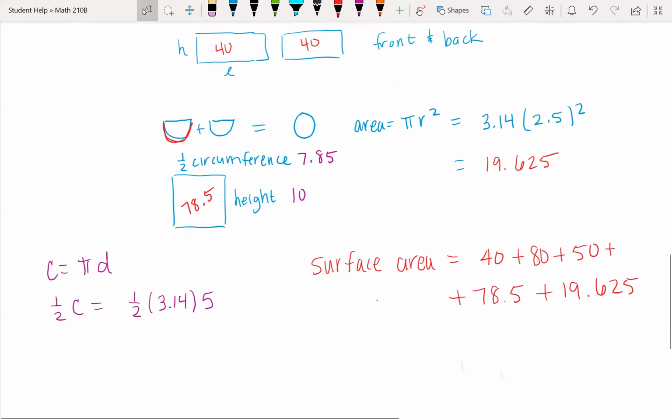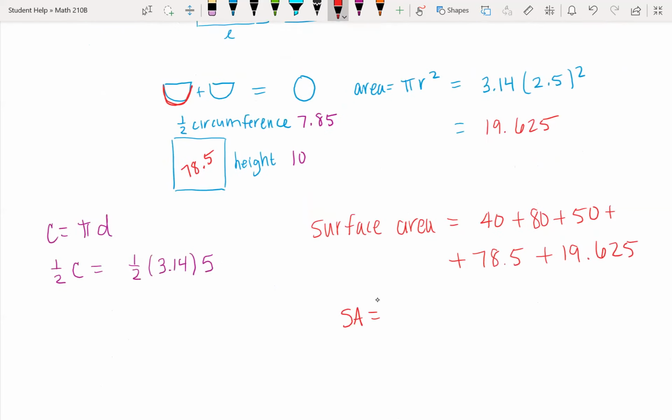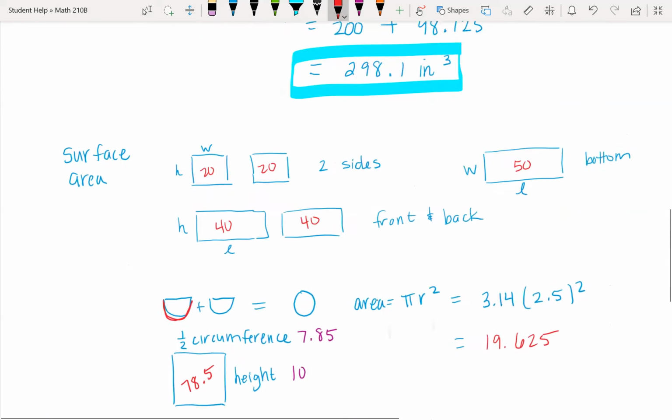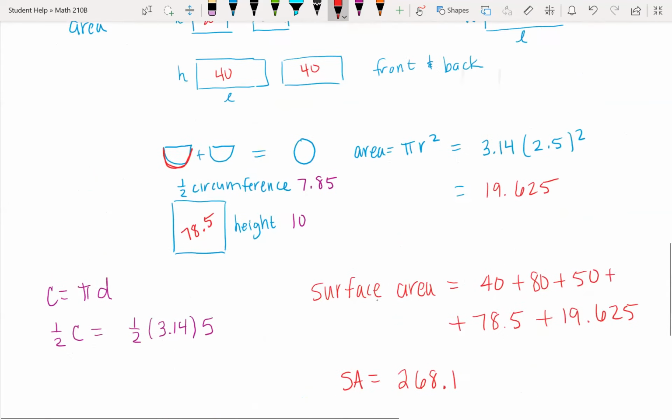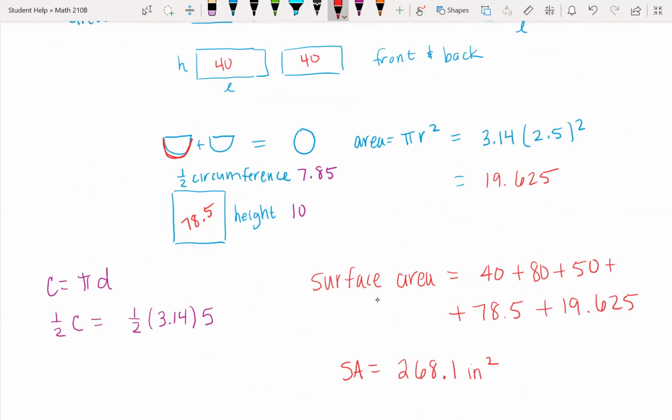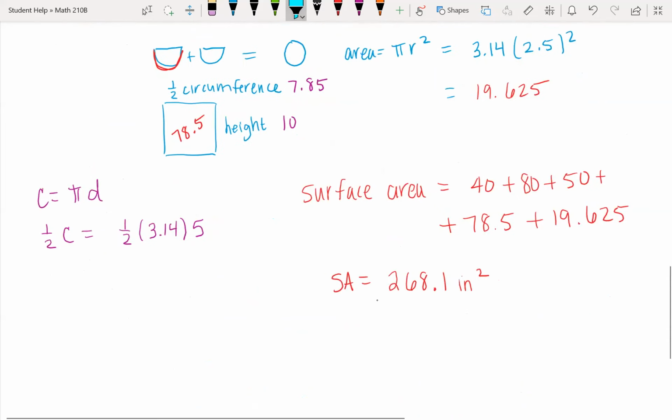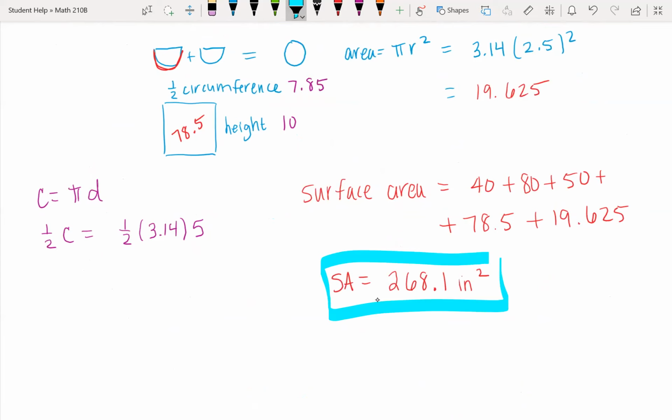So for my surface area, I'm getting 280, oops, I transposed those numbers. 268 point, I'm going to round this, 0.1. And I think this was, what were our units here? Inches squared. Let me just double check that calculation.